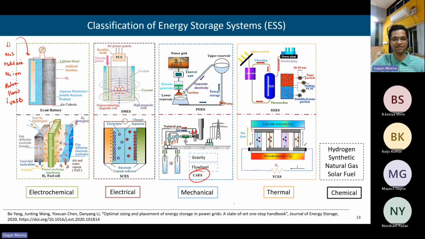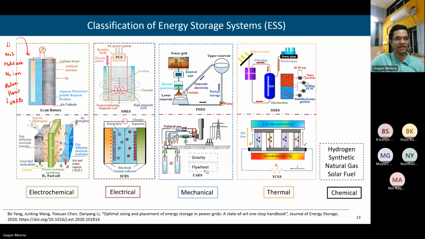Then one more is there: compressed air. This also requires a reservoir kind of thing, but it's not open. It is closed. In underground salt caverns or underground mines which are no longer used for mining purposes, such sites are utilized here, and the air is compressed.